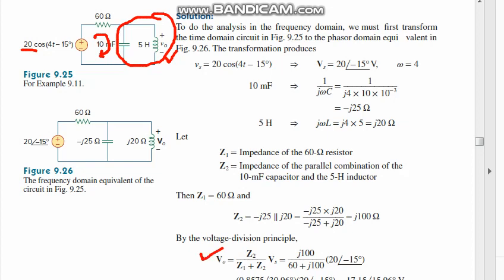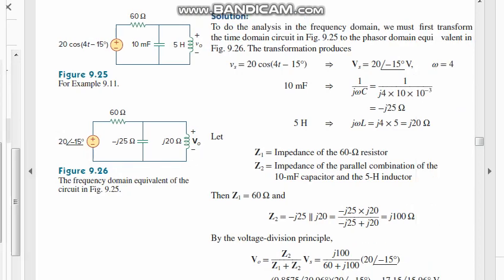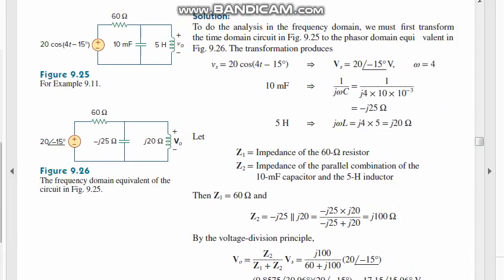The same equations are here, and you can now easily calculate it.